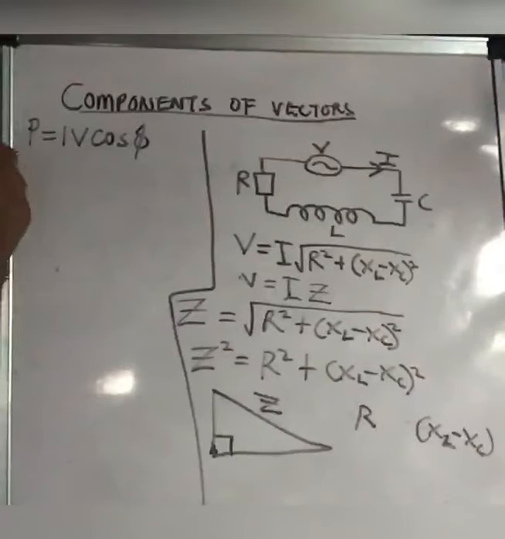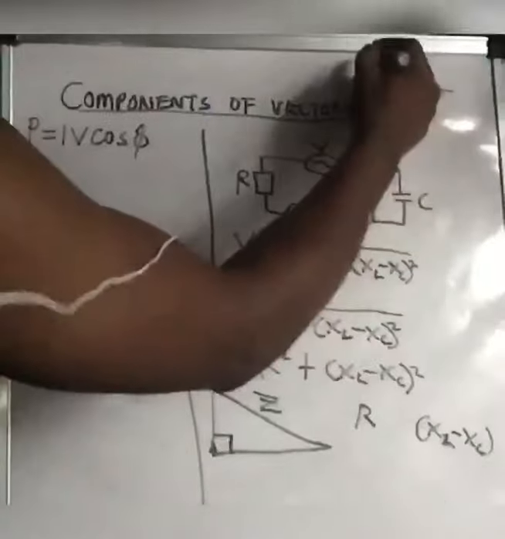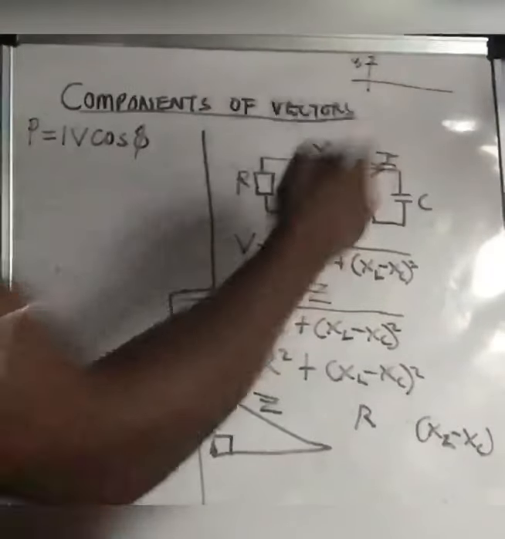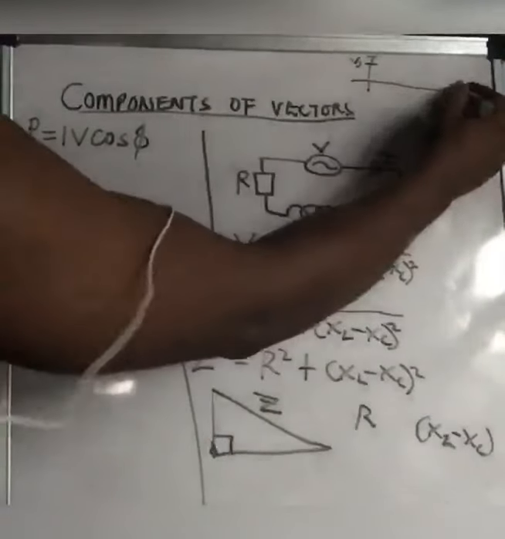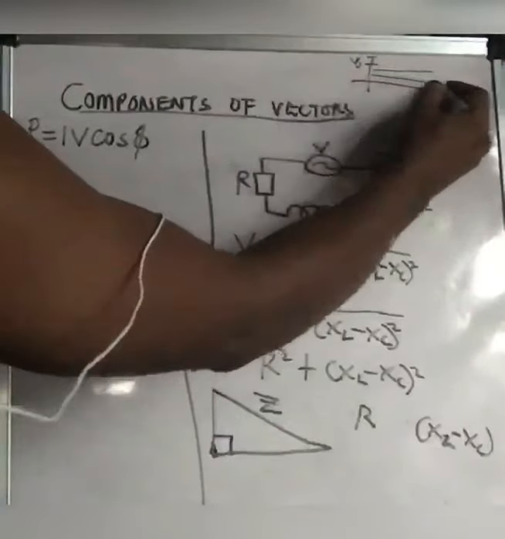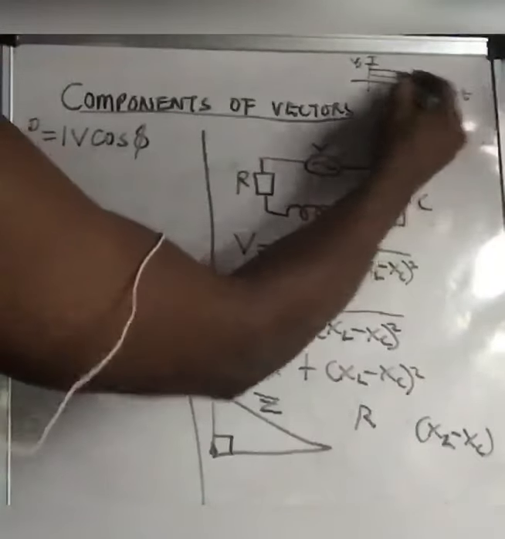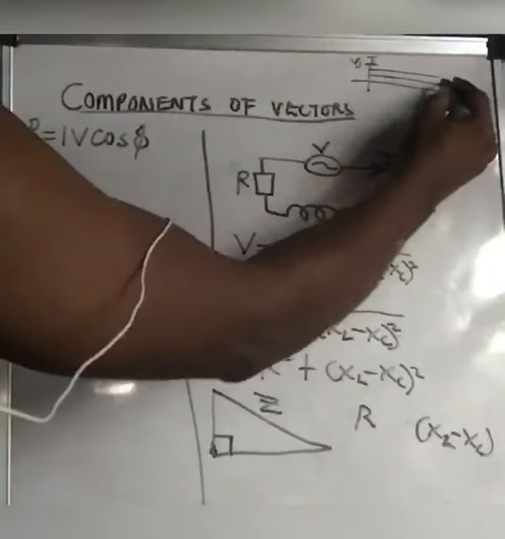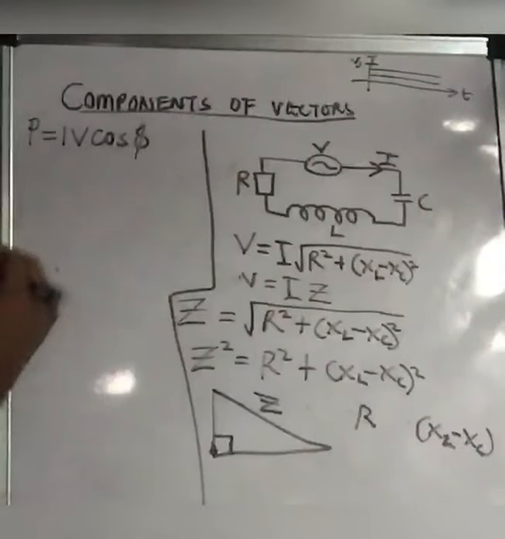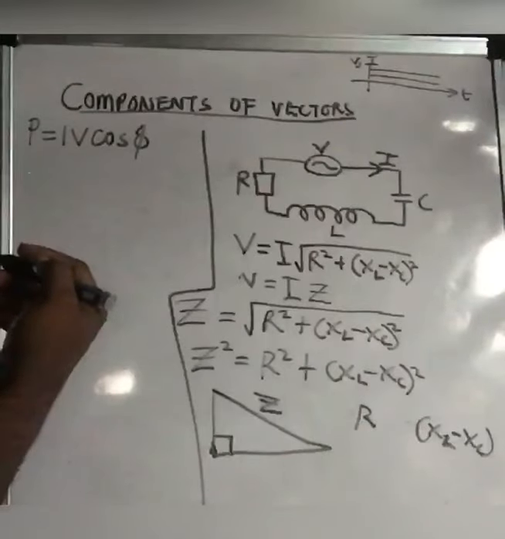You know that in the direct current circuit, comparing your voltage and your current with time, you just have a constant graph, constant values, because it doesn't fluctuate.